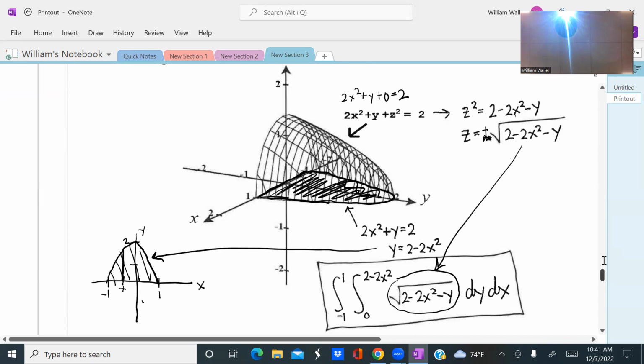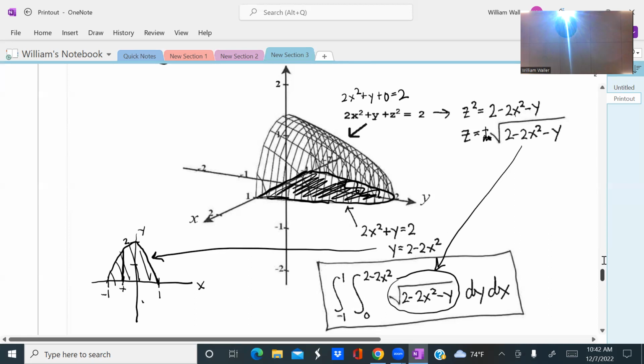So where would y start? On this vertical line, fix an x value. There's y starting, the lowest y value on this vertical: 0. And the highest is up here, this point on the curve. What is y at this point? Y is 2 minus 2x squared, right? So your limits are 0 to 2 minus 2x squared.